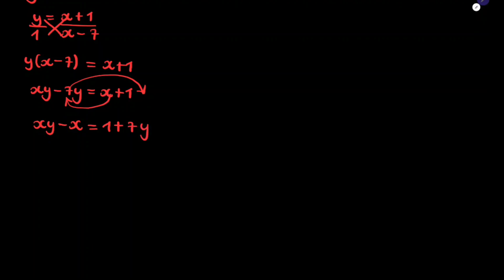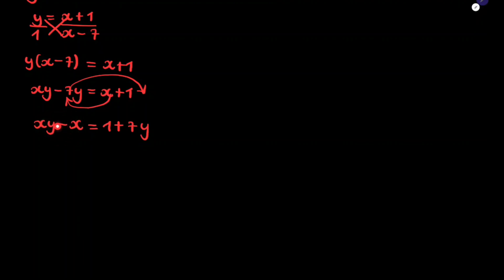Okay, so as we can see on this side we have xy minus x, but x is not yet the subject of the formula because we are still seeing y here. For x to be the subject of the formula, we need to have only one x here, but we are seeing more than one.